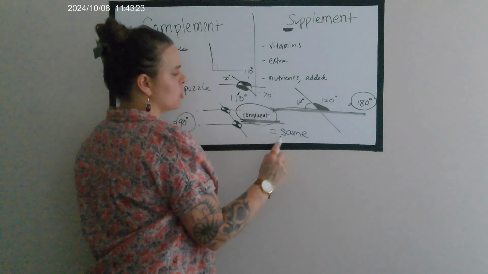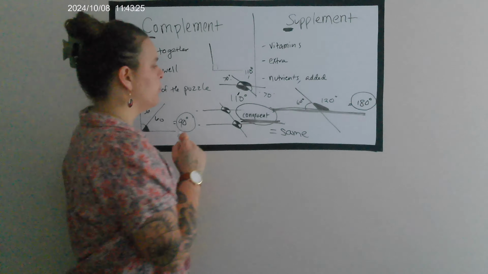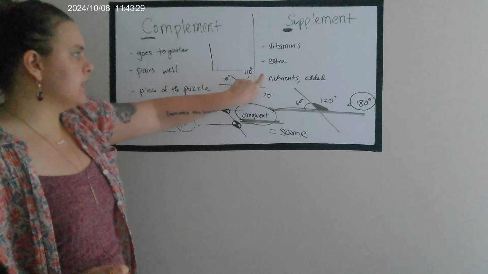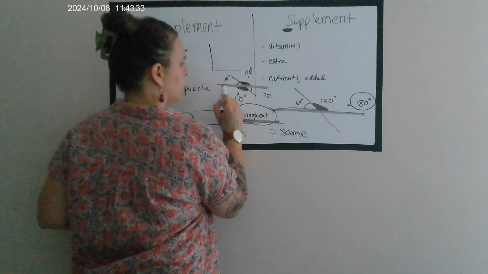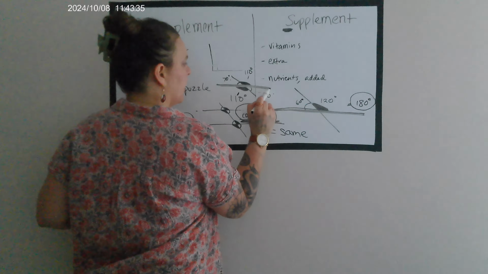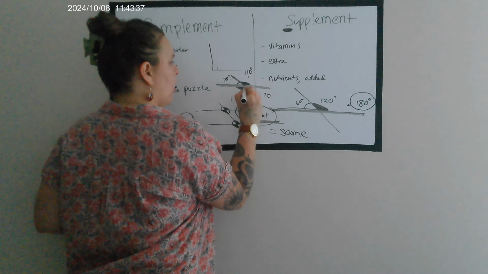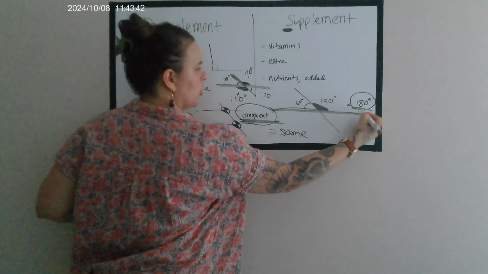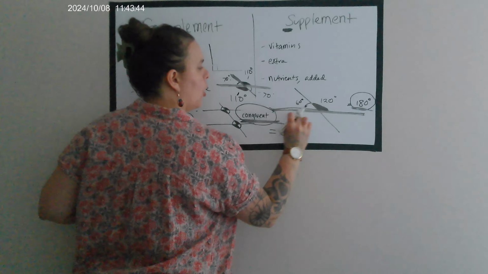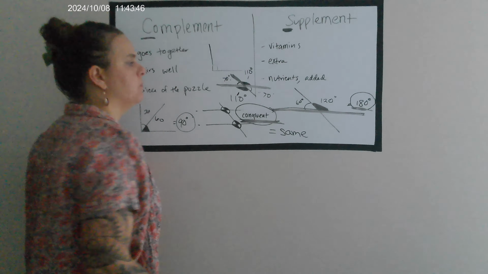They're the same measurement, okay? Why does this have to be 70 degrees if this is 110? Because this is a straight line here. And if a straight line is cut into two parts, together they have to be 180 degrees because a straight line is always 180 degrees.